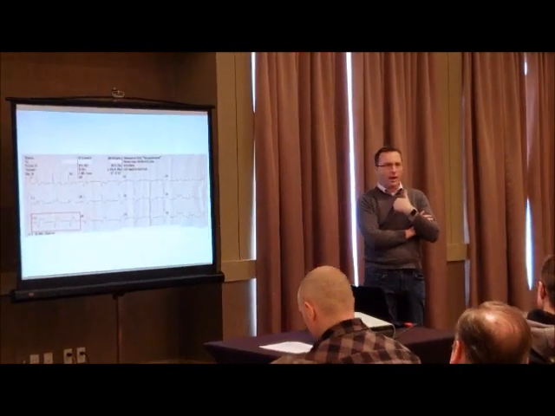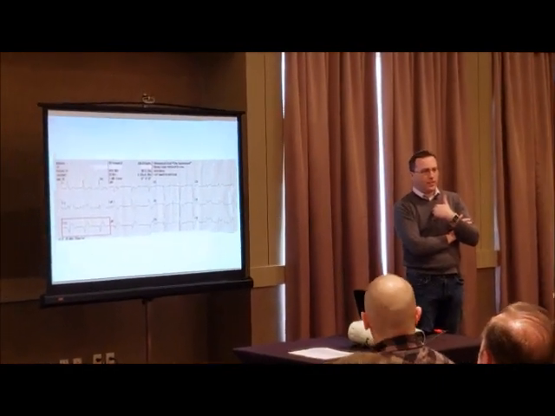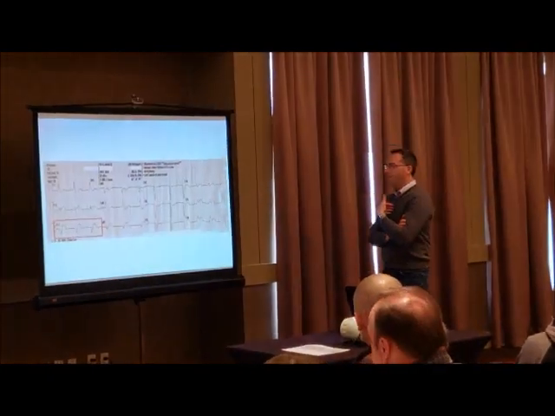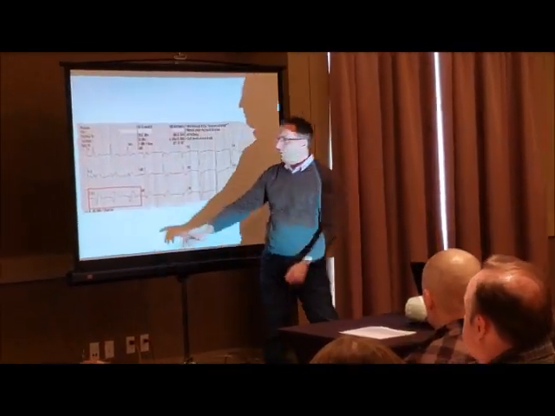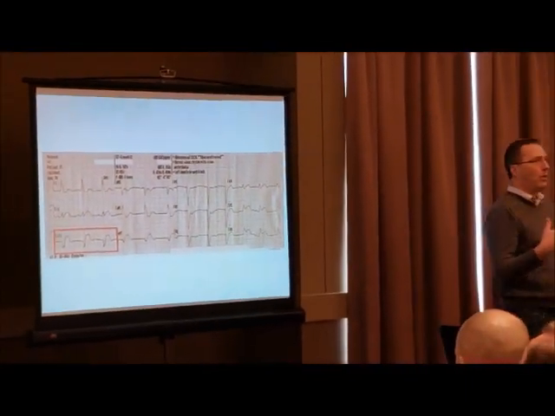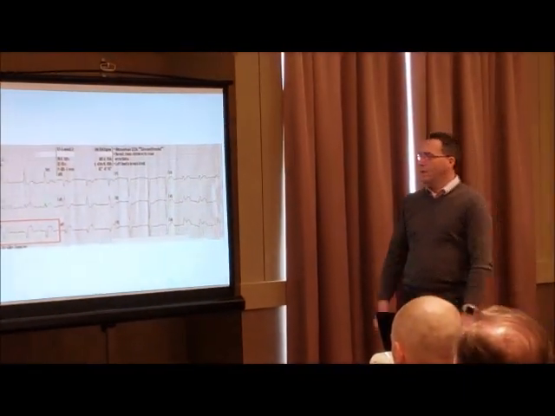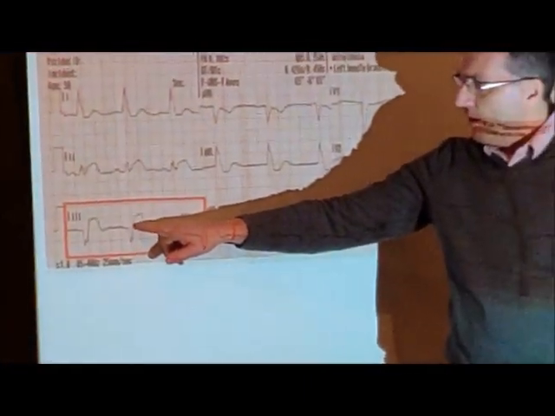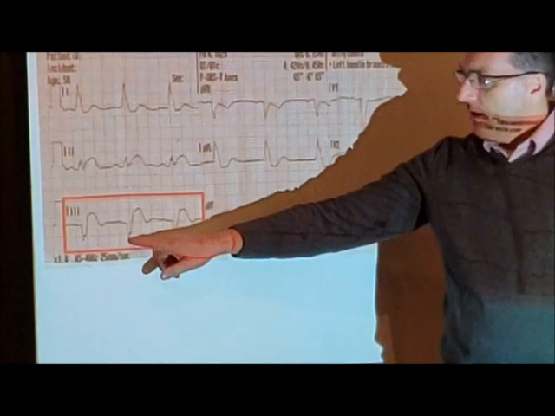I have a workaround for that, okay? My workaround for Smith's modification to Sgarbossa's criteria is to count the number of large blocks of S-wave depth, and I round up. So if you look at this case right here, the S wave starts right at this line here. We have 1 and 1.5.